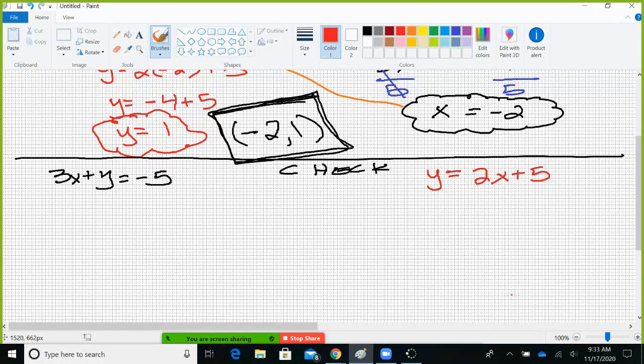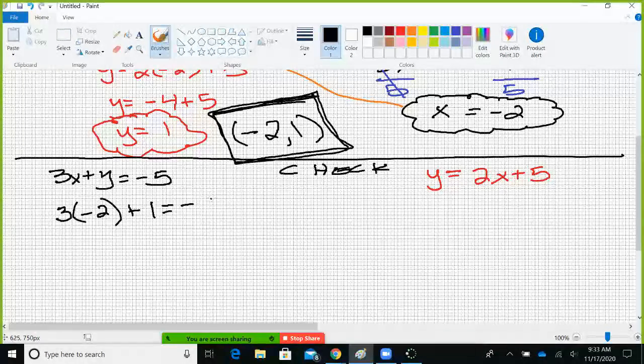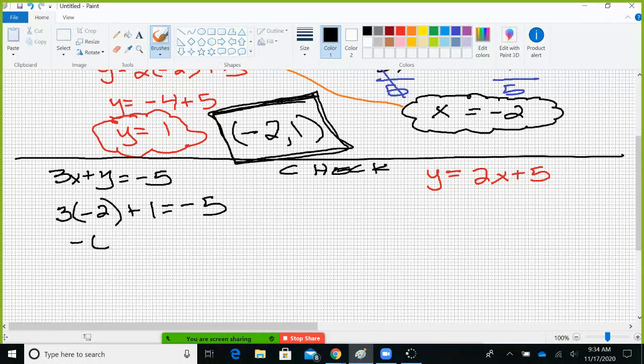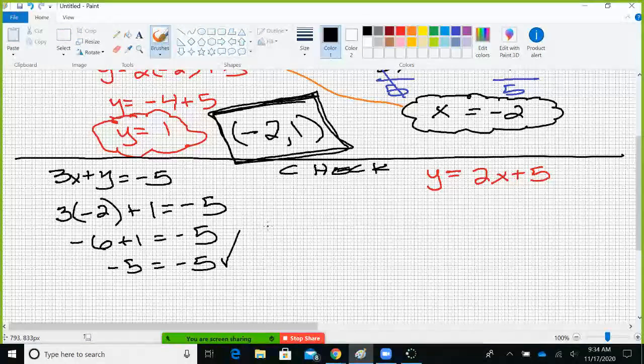All right, and just like Bree said, I'm going to plug the x and the y into here. So 3 times negative 2 plus 1 equals negative 5. Negative 6 plus 1 equals negative 5. Negative 5 equals negative 5. So that checks out.